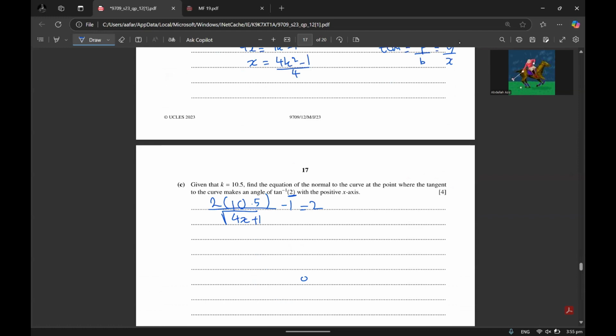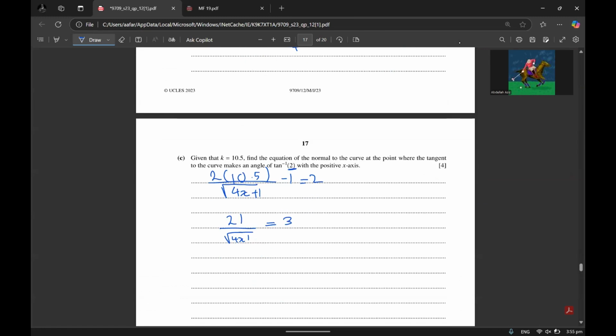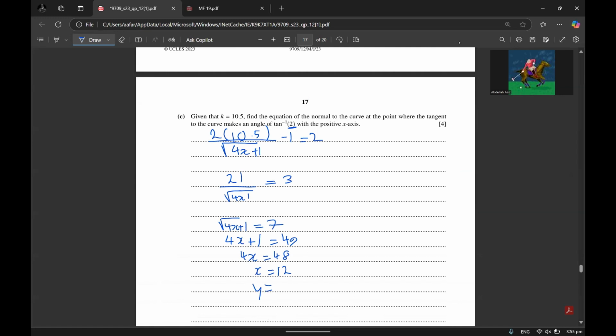So it's basically 21 for 4x plus 1. It's basically 3, 4x plus 1, basically 7, 4x plus 1, so 49, for x is equal to 48, x is equal to 12. This is more suitable.